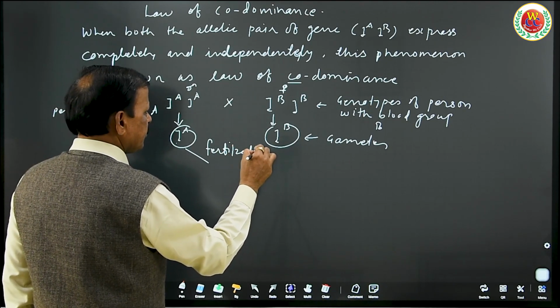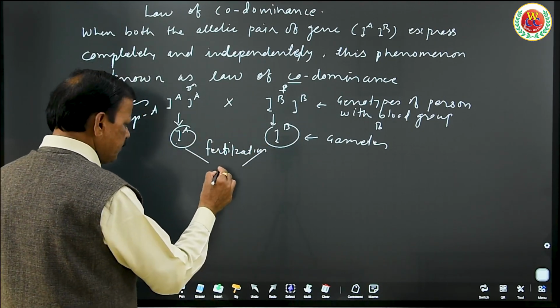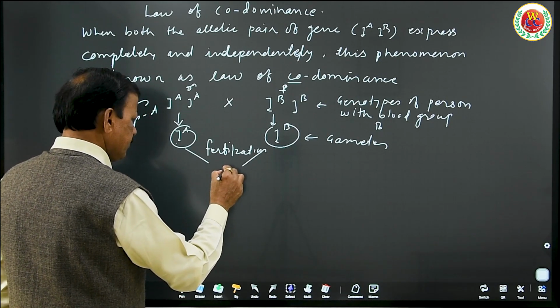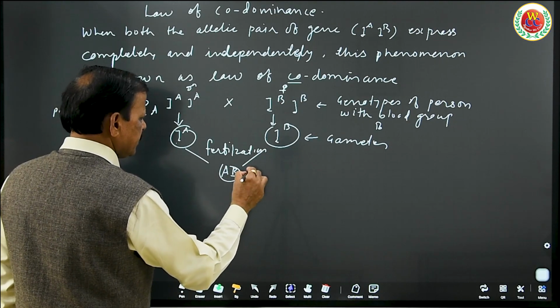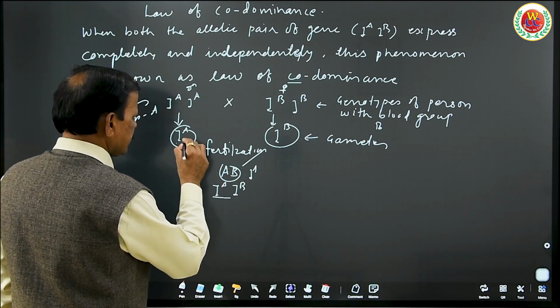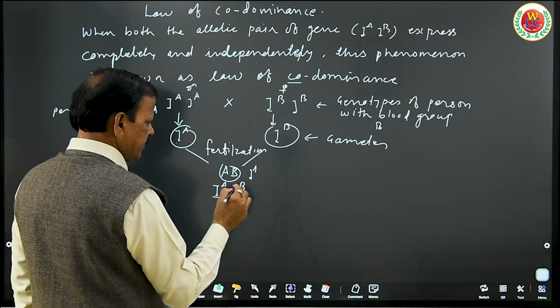A parent with blood group A and a parent with blood group B can produce an offspring with blood group AB, with genotype IAIB, because IA comes from the father and IB from the mother.